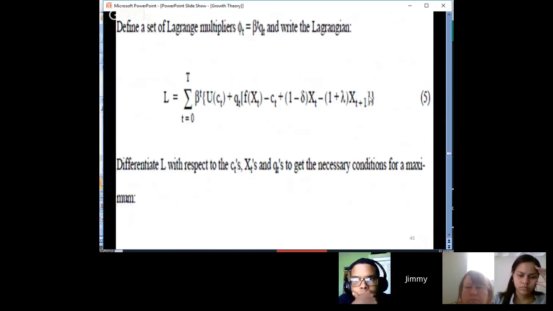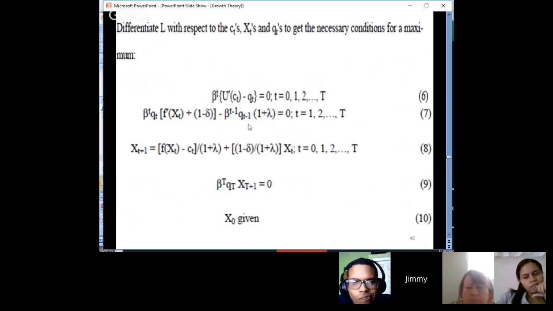So what I have to do is go to period t minus 1. So I'll get xt minus 1, and here is where I'll have xt. So I'll get qt minus 1, 1 plus lambda xt, which is exactly what I have here. Of course, the xt goes away. That's beta to the t minus 1, qt minus 1, 1 minus lambda.